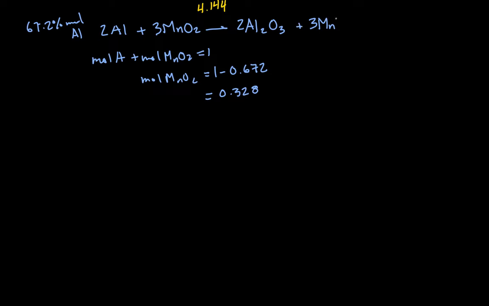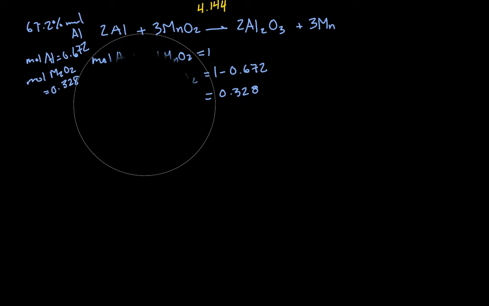Okay, so let's tuck these off to the side. Let's write them over here. So we got moles of aluminum, 0.672. Didn't really need to rewrite that, I guess. Moles of manganese dioxide is the difference between 1 and that. All right, so there's that.